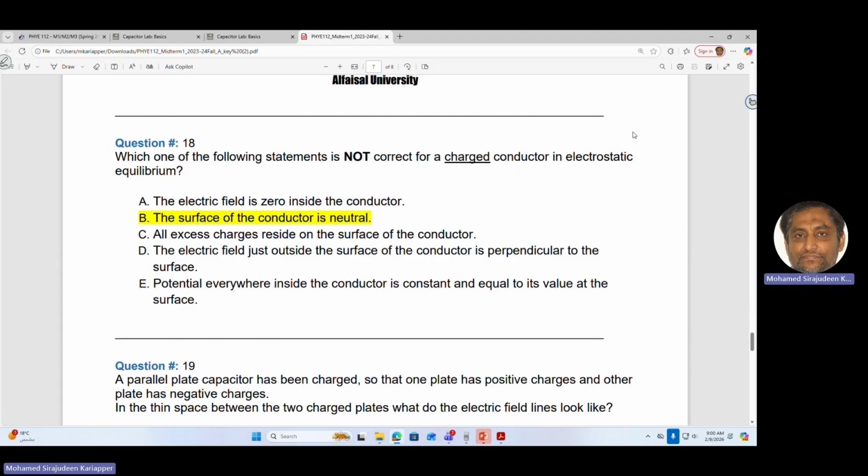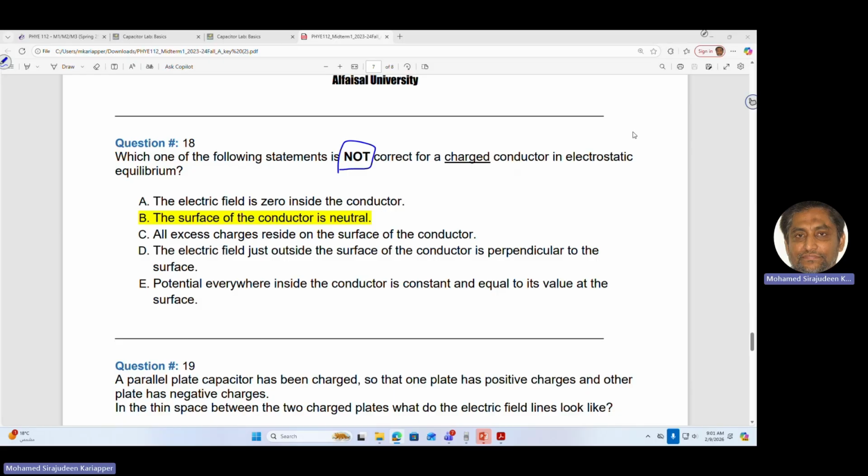And then number 4, at sharp corners there will be more density of charges compared to the smooth corner. Then when you come to chapter 16, you have an added property: everywhere in the charged conductor, it is the same potential on the surface as well as inside.